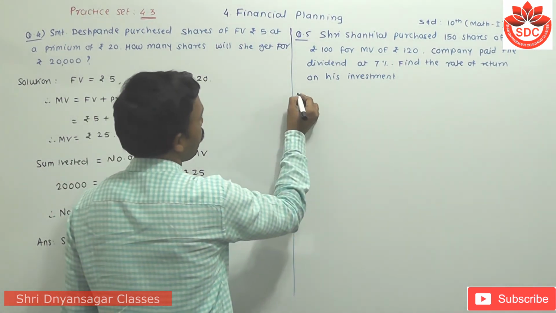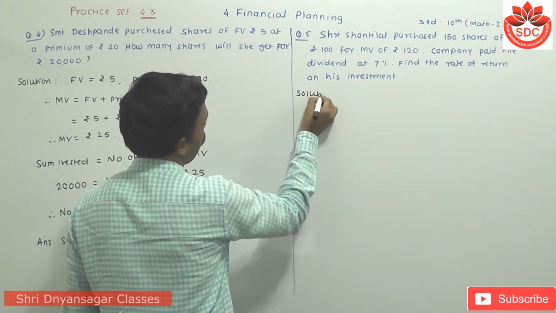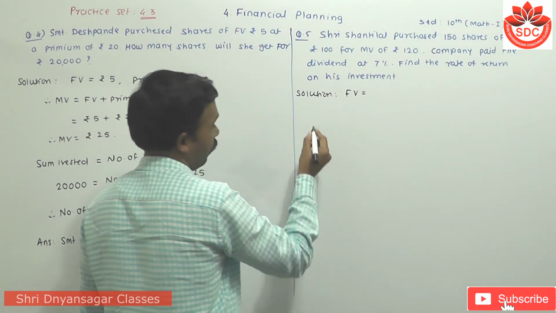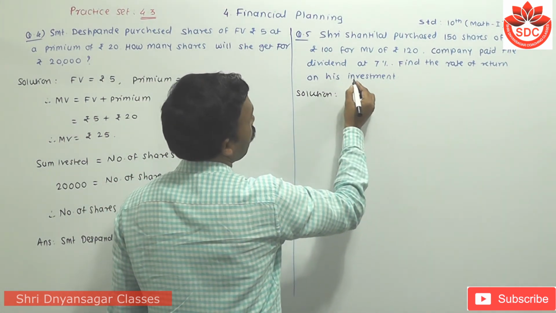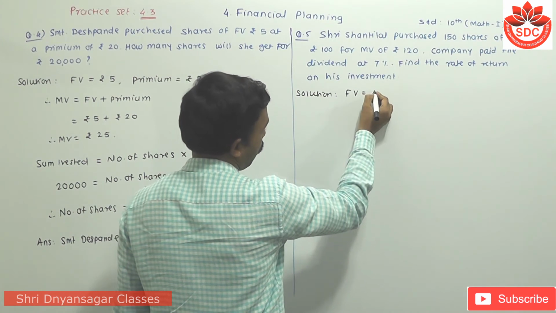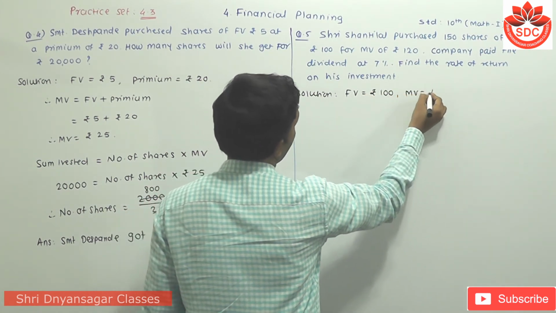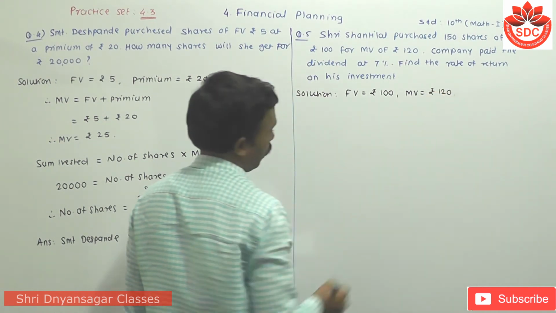Now in this solution, face value is given here, rupees 100. Market value is also given, rupees 120.